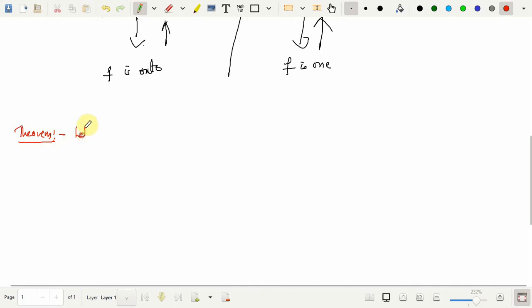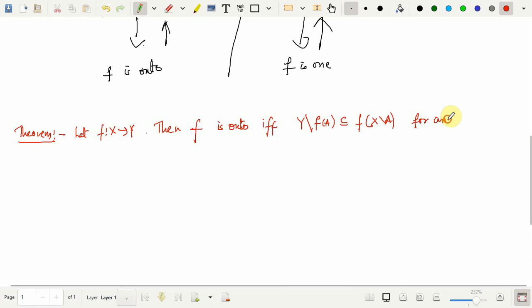First we need to have a function: let f from X to Y be a function, then f is onto if and only if Y difference f of A is contained in f of X difference A for any set A in X. So if f is onto, then this is true for any A in X, and conversely.